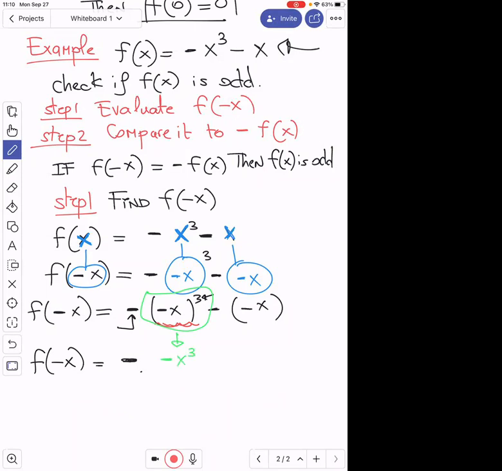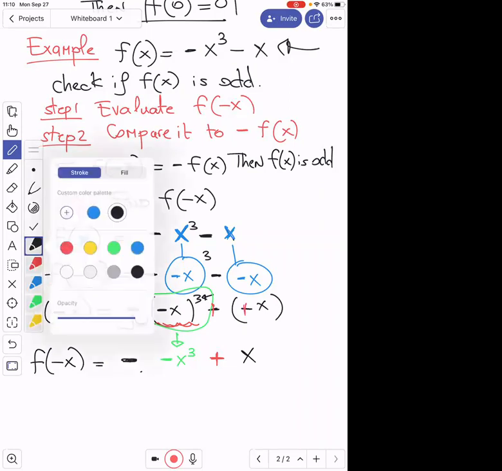Next, as you can see, there is a minus minus x. So minus minus would be a plus. So here we're going to have a plus, because minus minus x is just plus x. So plus x.